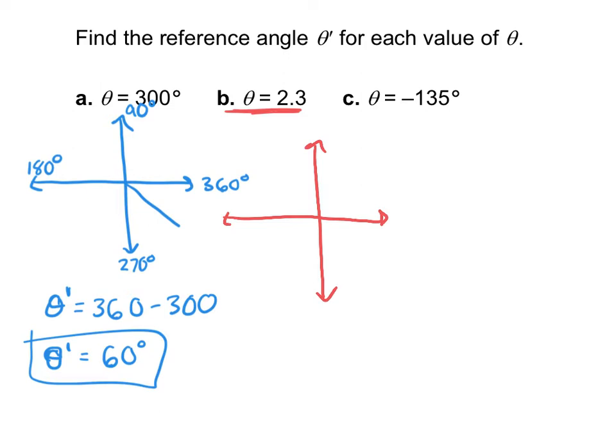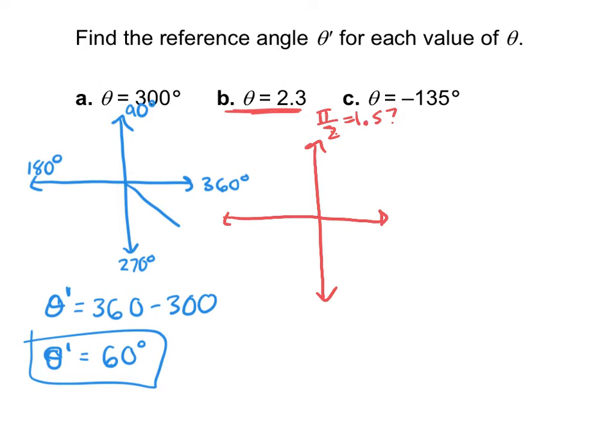90 degrees, or pi over 2 radians, would be in decimal form 3.14 divided by 2. So this would be pi over 2, which is equivalent to 1.57.